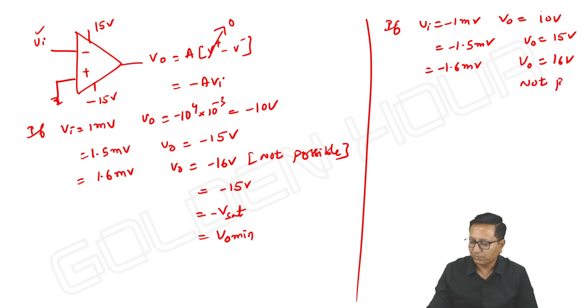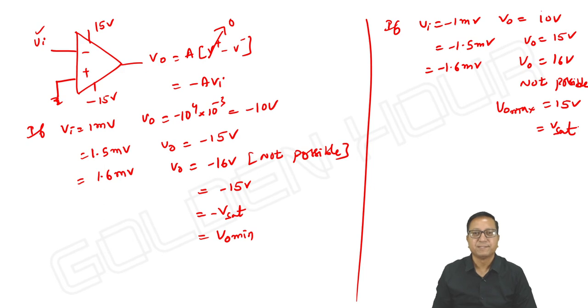It is not possible. So what is possible? It is V output maximum, equal to plus 15 volts. It is known as V saturation. That's it. And later you may give minus 1.7, minus 2 millivolt, etc. The response cannot go beyond plus 15 volts. That is the property of operational amplifier.